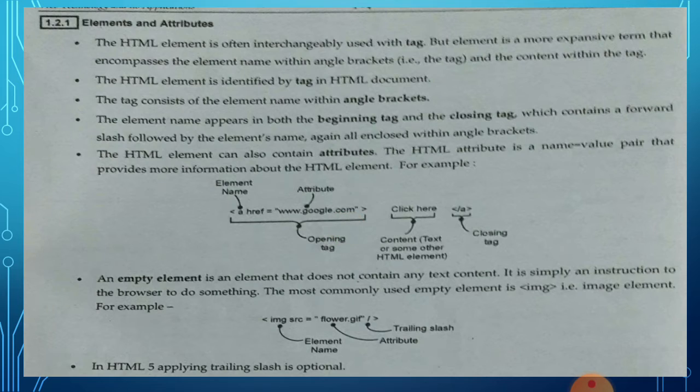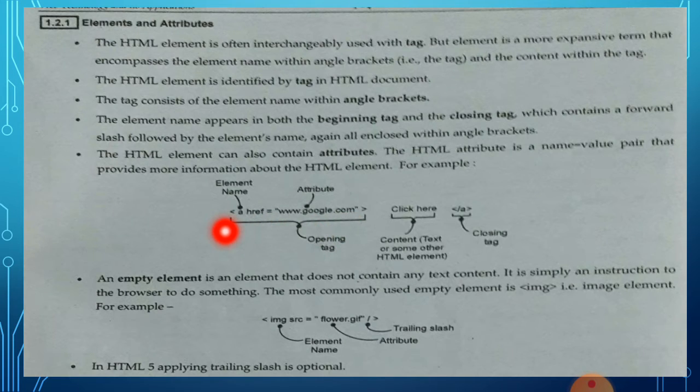So a name-value pair provides some information about the HTML element. For example, here A is the element name, href is the attribute name, and www.google.com is the attribute value.